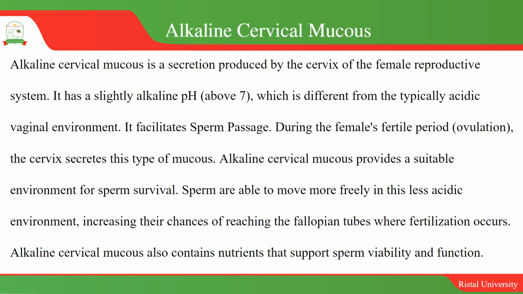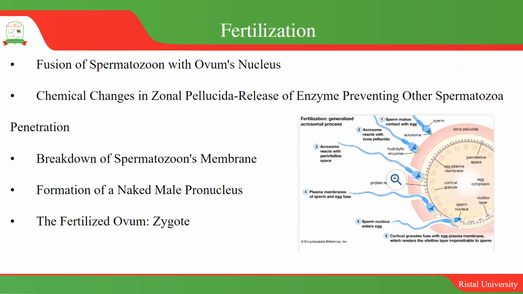Around the ovulation time, that is when this alkaline cervical mucus is produced. It also contains nutrients that can support sperm viability and function.